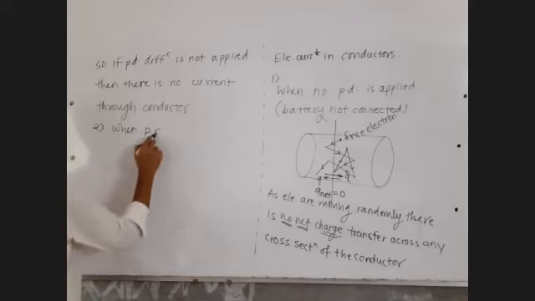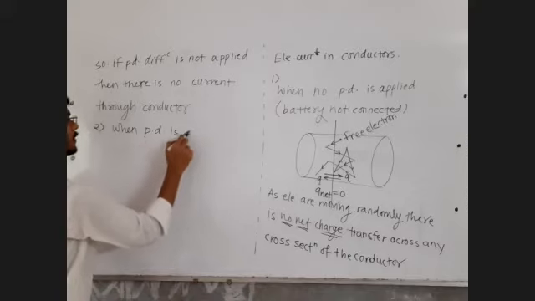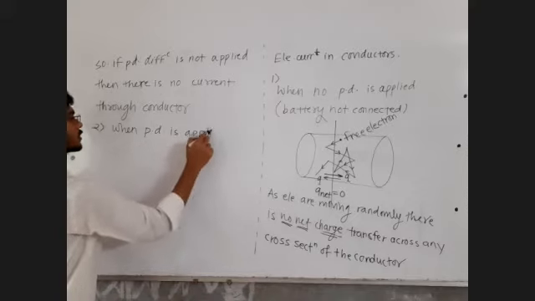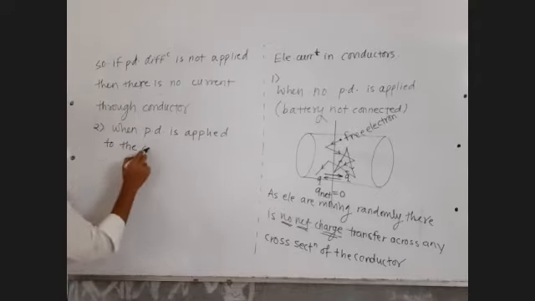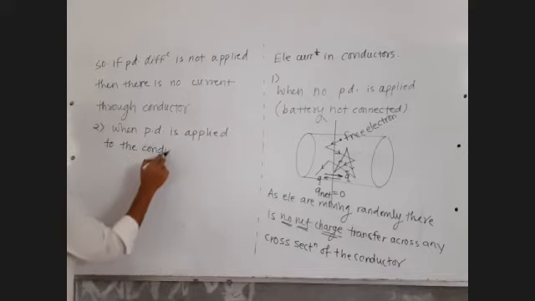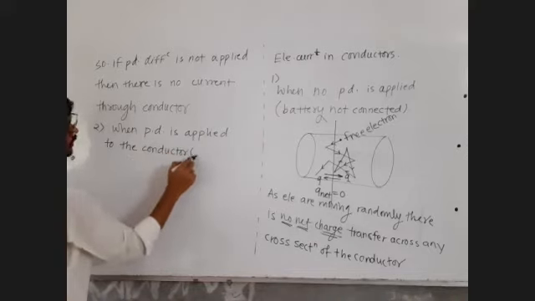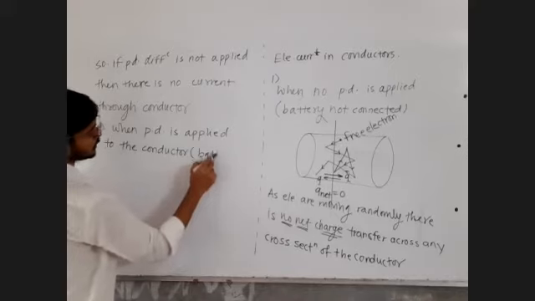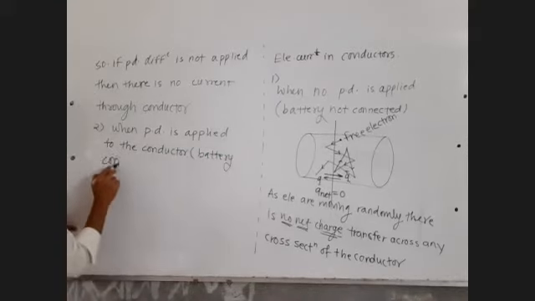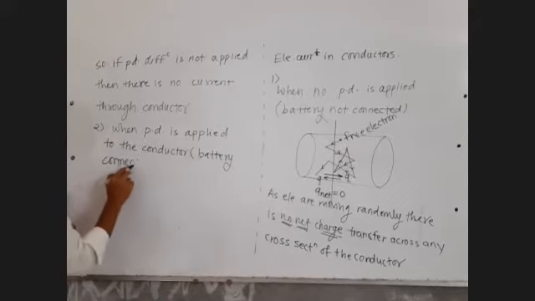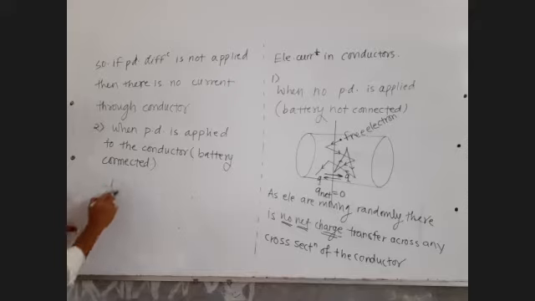When potential difference is applied to the conductor, in brackets you can say battery connected. What will happen?